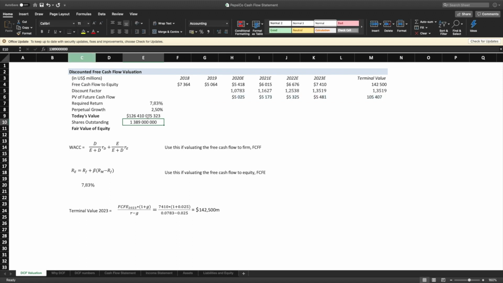If we divide today's value by our shares outstanding, we arrive at a fair value of $91.008, roughly speaking. So what does this value tell us? It says that the fair intrinsic value of PepsiCo is roughly $91, according to our DCF valuation method.